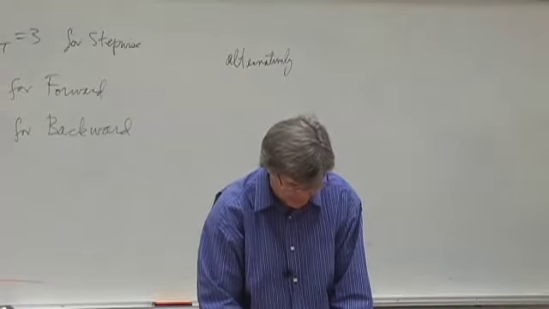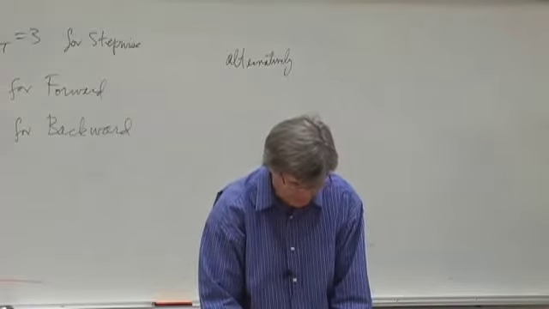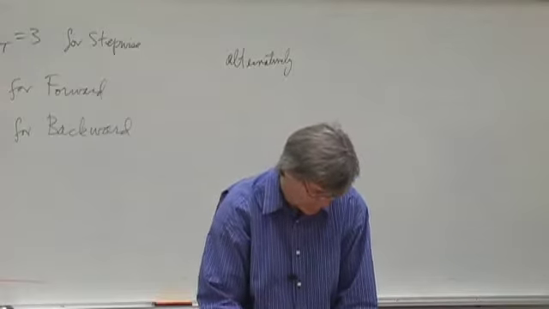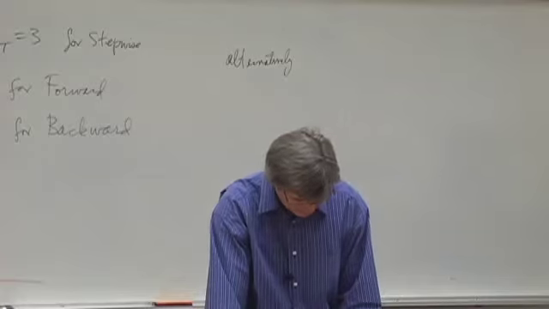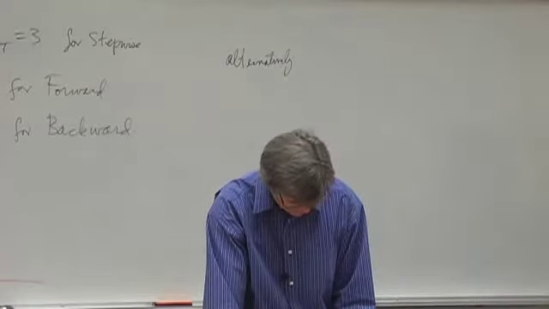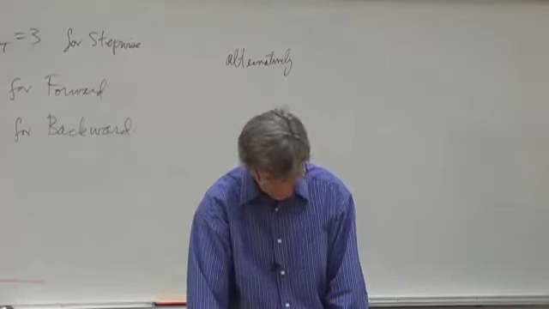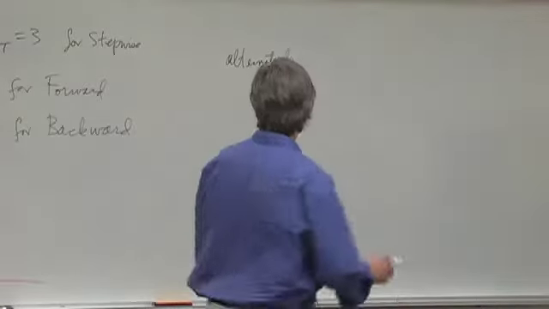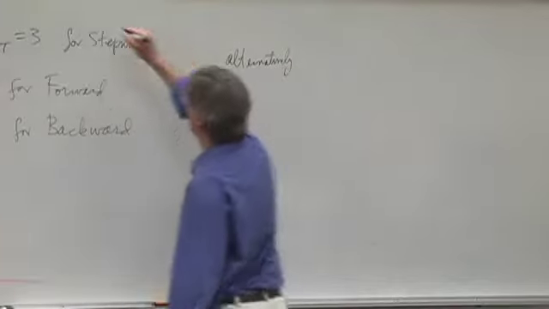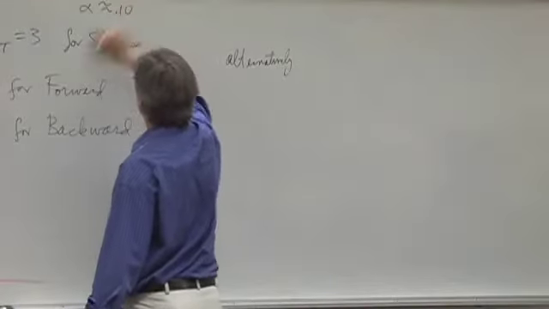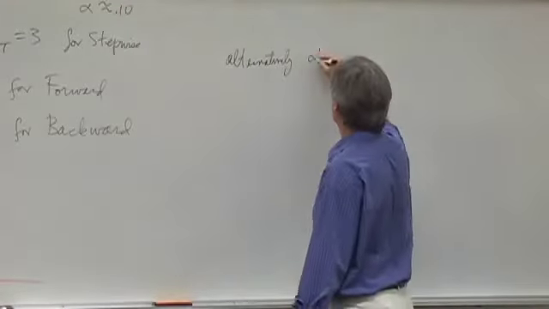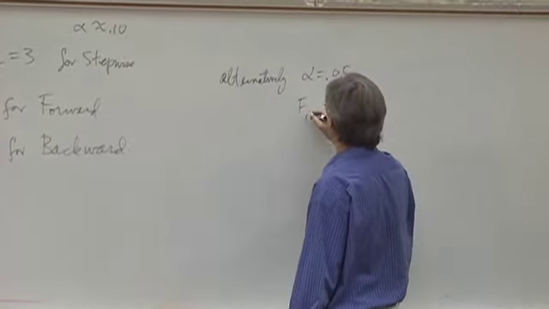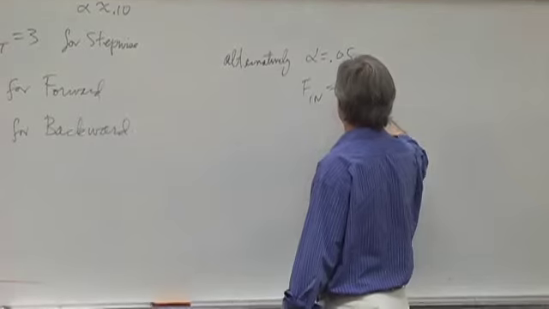So I would use alpha equal 0.10 if I was going to do that method. You could use alpha equal 0.05, that's fine. For 0.10, you get something about 3. F with 1 and 25 degrees of freedom gives you 2.92, so alpha is about 0.10. Alternatively, alpha equals 0.05, you get F in equals F out equals about 4.2.